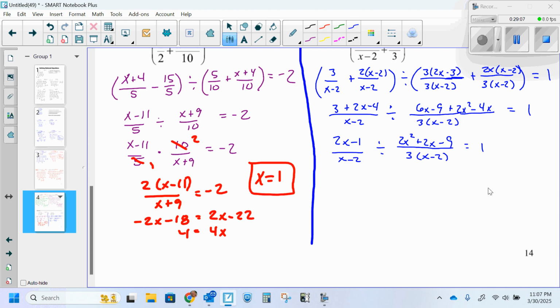All right. I really need to do the domain restriction of that. Actually, I cannot do the domain restriction of this right now because it's not factorable. I would have to do completing the square or the quadratic formula to find those.